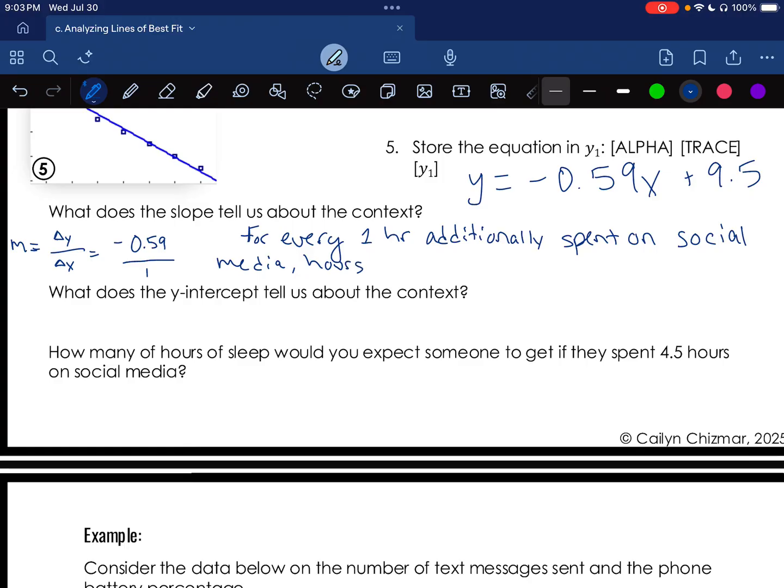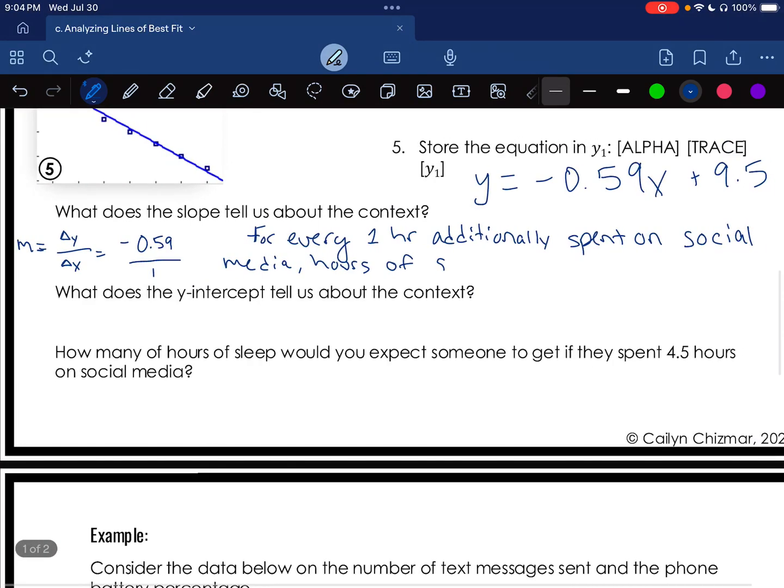All right, now what does the y-intercept tell us about the context? So again, our y-intercept here was that 9.5, okay? And remember, a y-intercept happens when x is 0.